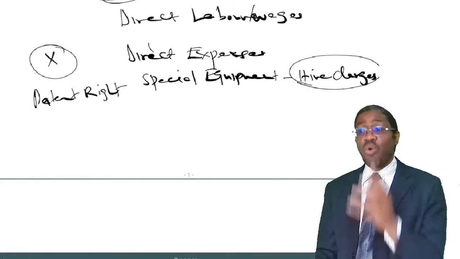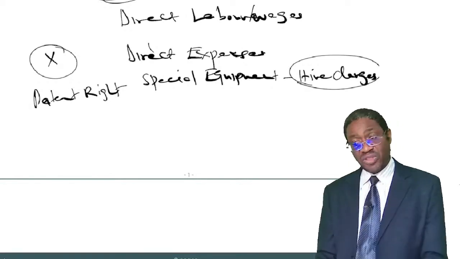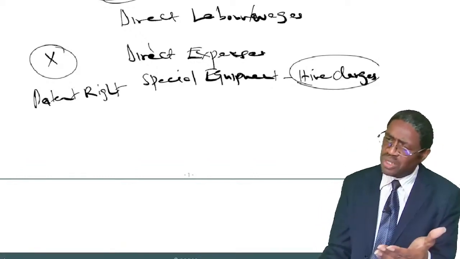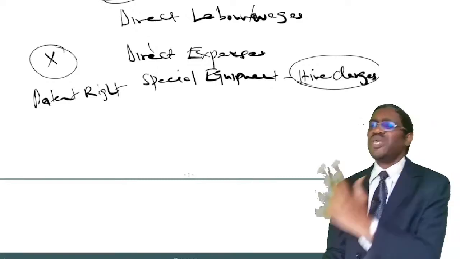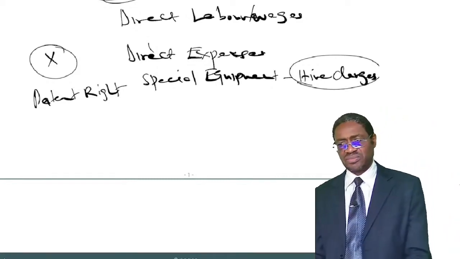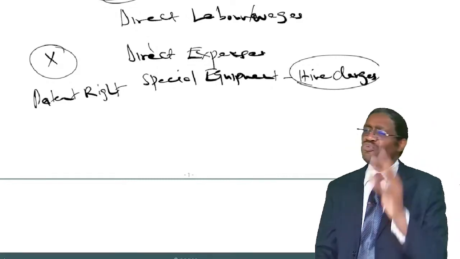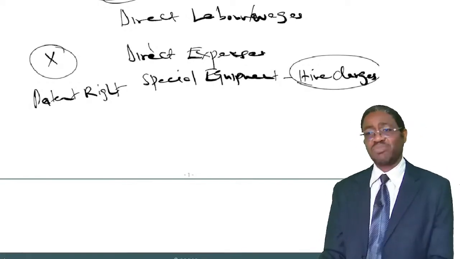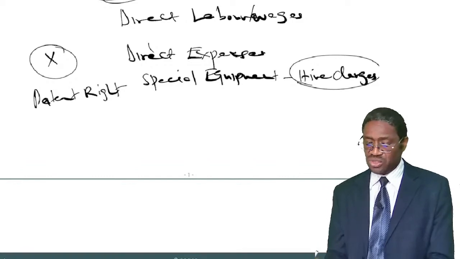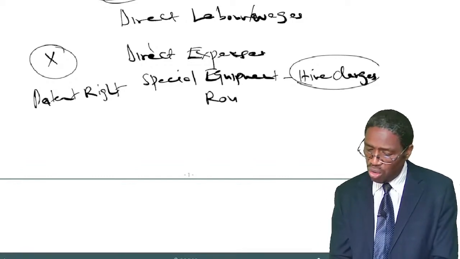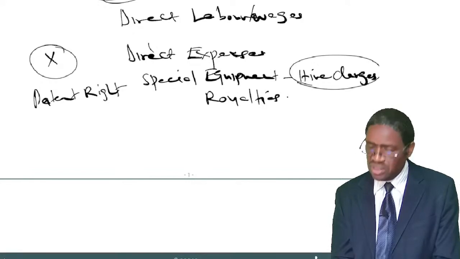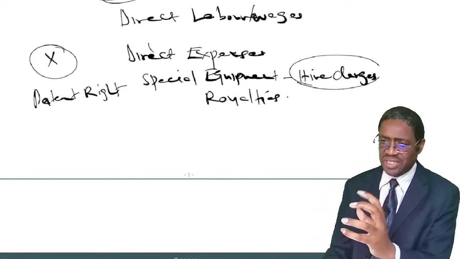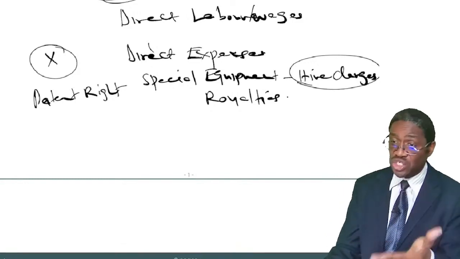Go to the owner who owns that patent right of that product and agree with him that maybe for every product you'll be manufacturing, you'll be paying him a certain amount. If you don't pay him that amount, then you cannot manufacture that product. So you will be required to pay what we call royalties. These are amounts paid to the owner of a patent right for using his ownership right.